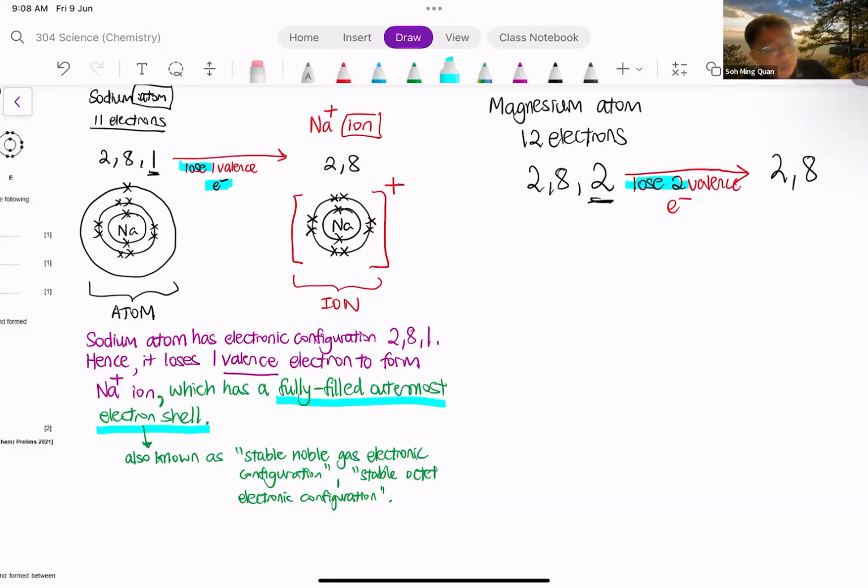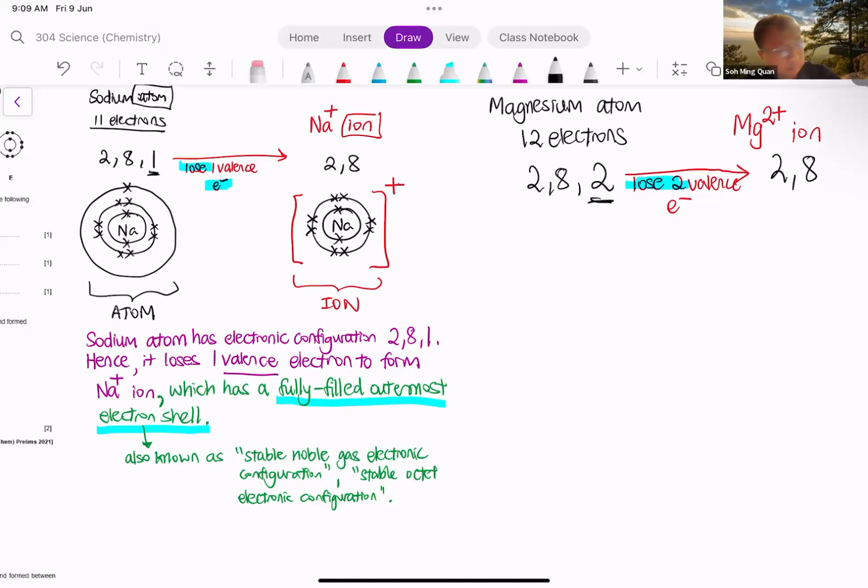If it loses 2, clearly it's a positive ion, but is it just a 1 plus charge? If you lose 2, the charge must be doubly positive, so 2 plus. So magnesium forms the Mg2+ ion when it loses 2 valence electrons.